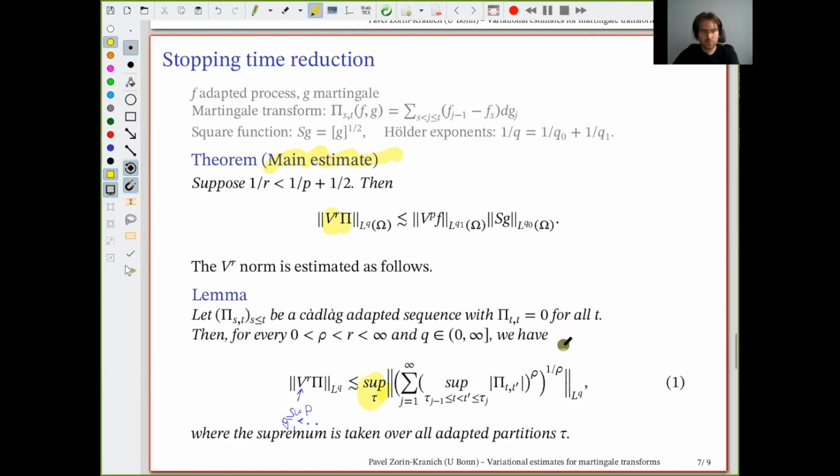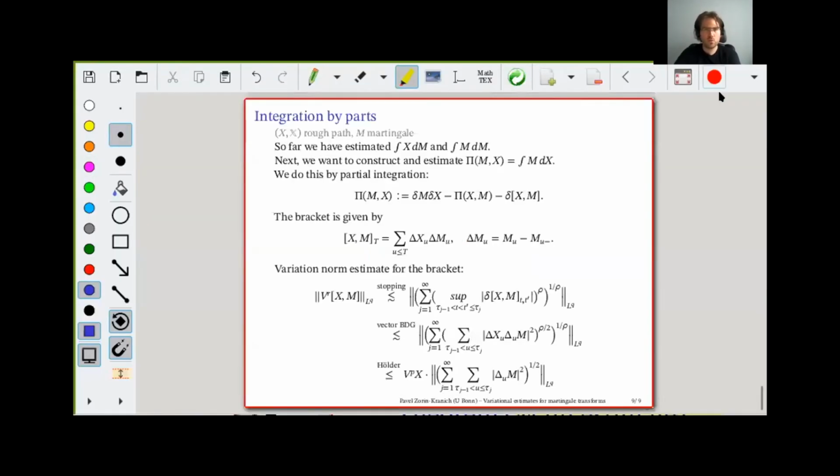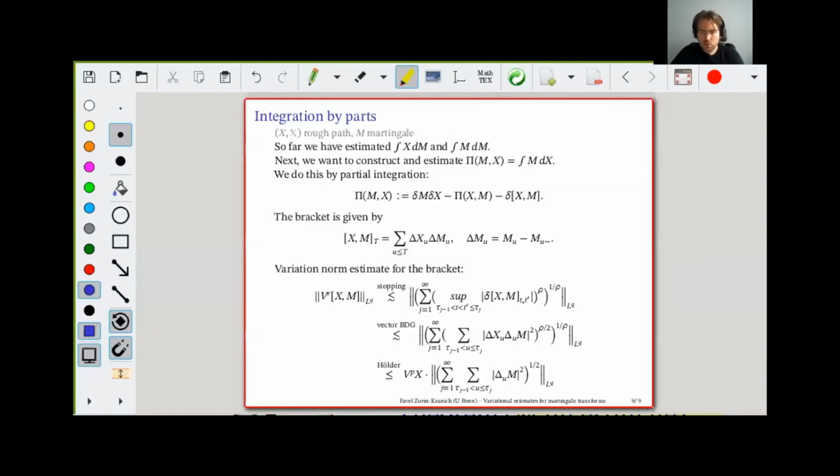There is a small price that you have to pay: here you have to decrease your exponent so that you get a somewhat larger quantity. And there is also another price, that you have this extra supremum here. So previously you would have here, oops, I clicked in the wrong place.